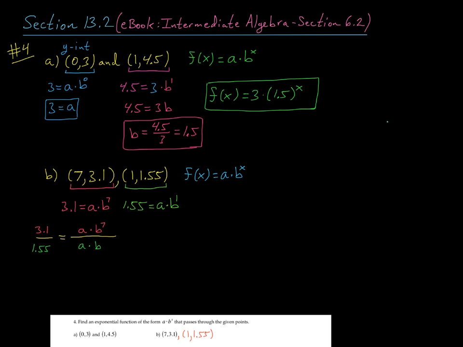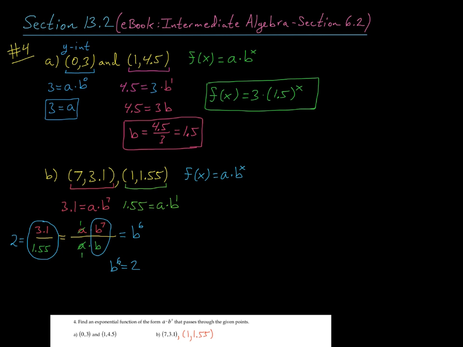So I have this proportion, and notice the a's here will divide out, which is quite nice. And the b to the 7th over b simplifies to b to the 6th by subtracting exponents. And furthermore, 3.1 divided by 1.55 is equal to 2. So putting that all together, now I have b to the 6th is equal to 2.